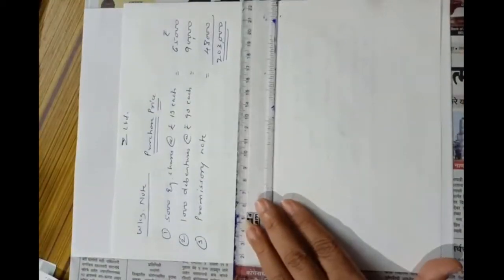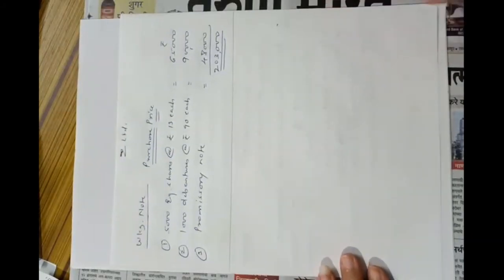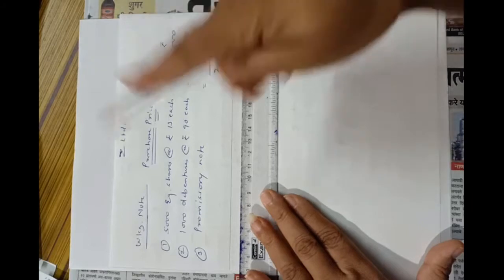Understood? So first we have to pass the journal entry of machinery purchased, and then afterwards, after purchasing the machinery, we have to pass the entries for payment.